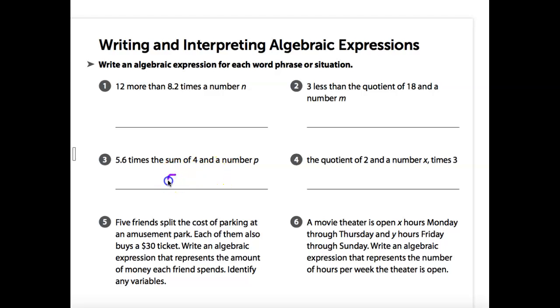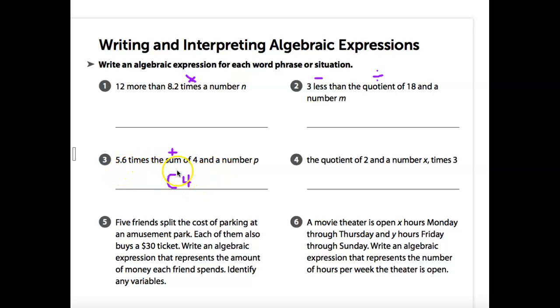We have to do the 4, and we know that sum means to add. Sum means to add. Quotient means to divide. And of course, times means to multiply. And the word less is subtraction. So 5 times the sum of 4 and a number p.